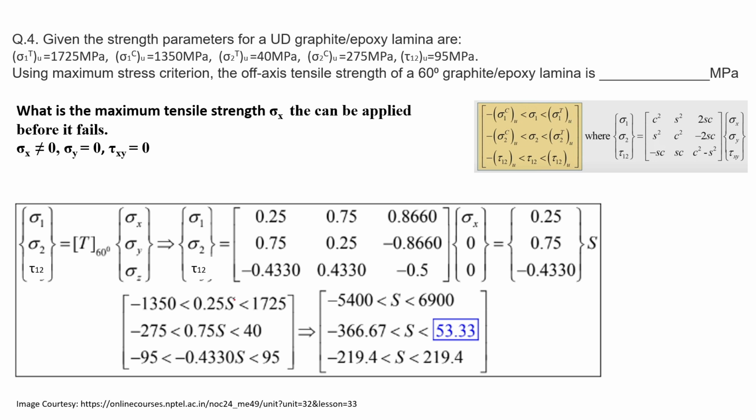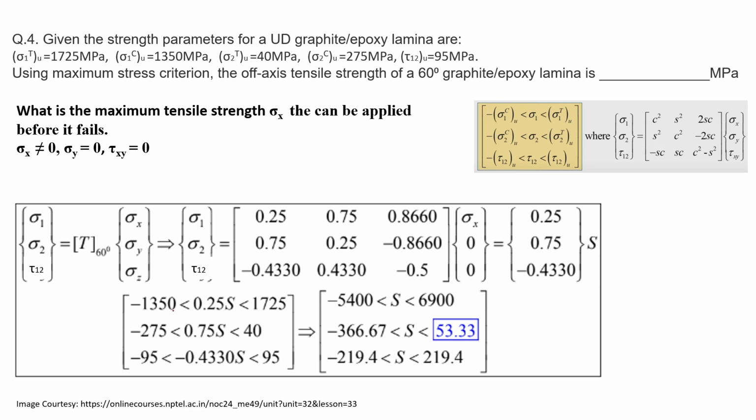For that, we will put these values between the ultimate values. The ultimate values in direction 1, that is the longitudinal direction, will be minus 1352 to 1725. For the transverse direction, it will be minus 275 to 40. And for shear stress, it will be minus 95 to positive 95.